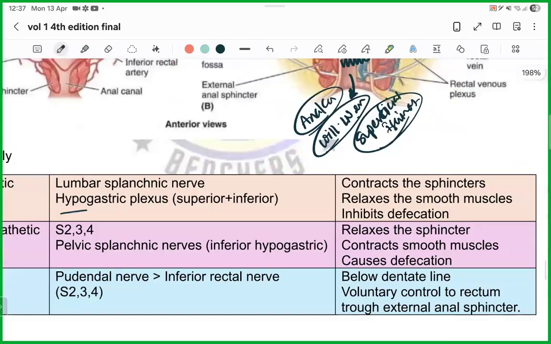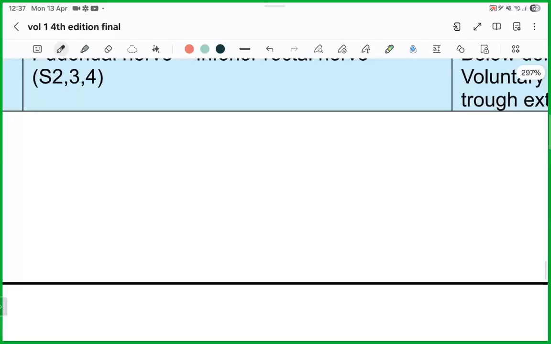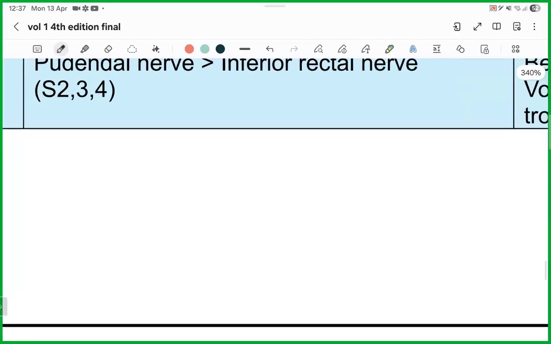So anal carcinoma will go to superficial inguinal. Now, thing is, superficial inguinal lymph node has two groups.